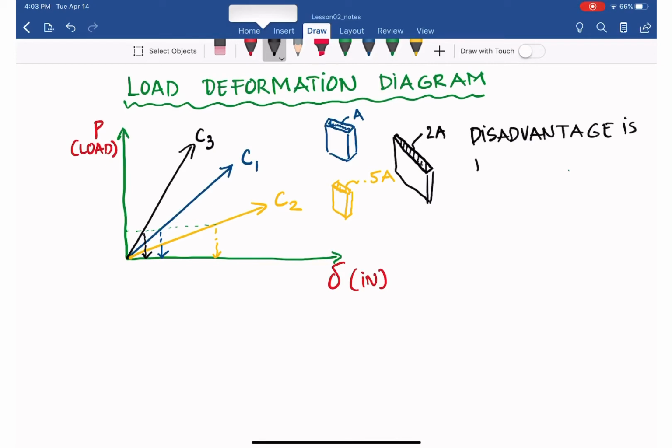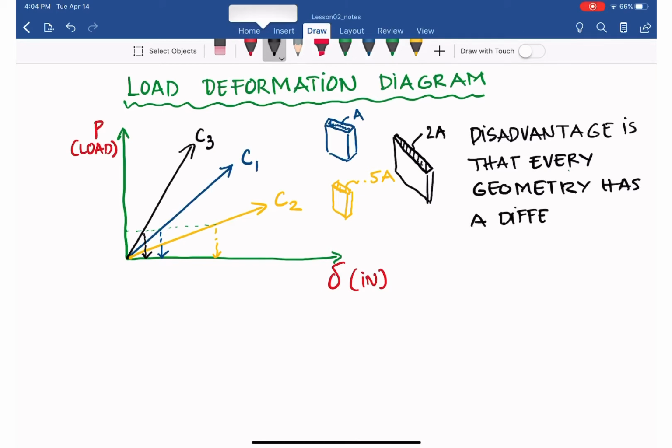is that every geometry has a different curve, right? So you see geometry with different cross-sectional areas: 0.5A for yellow, A for blue, and 2A for the black rubber band. So every geometry has a different curve.